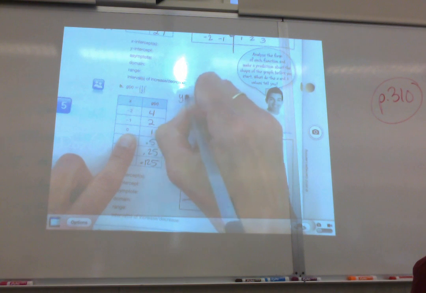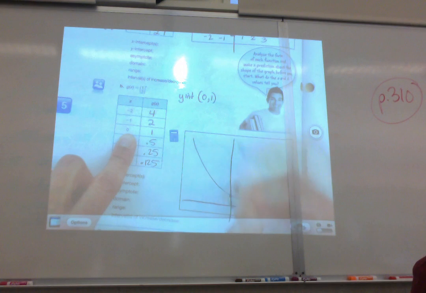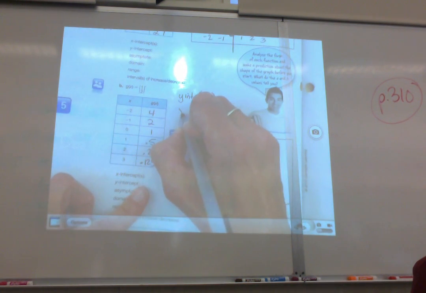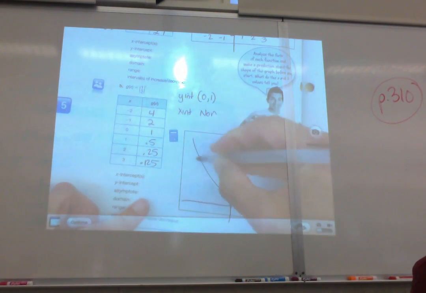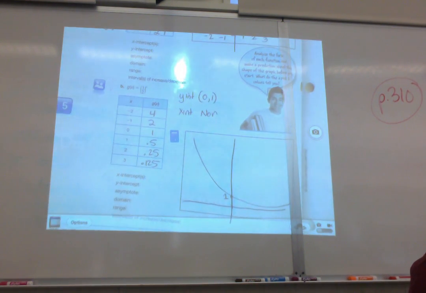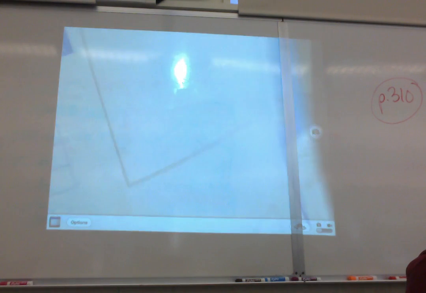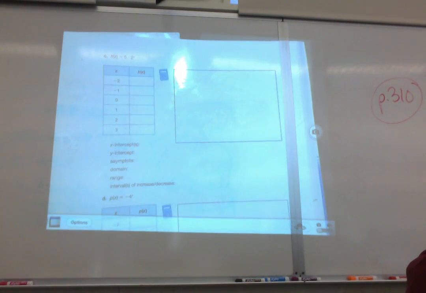So y-intercept, 0, 1. So this is 1 right here. And x-intercept, none. It's coming down, down, down, down, down, getting closer, but not touching. Okay? You go ahead, please, and do C at your tables.